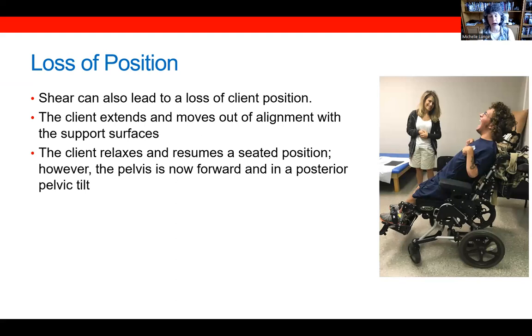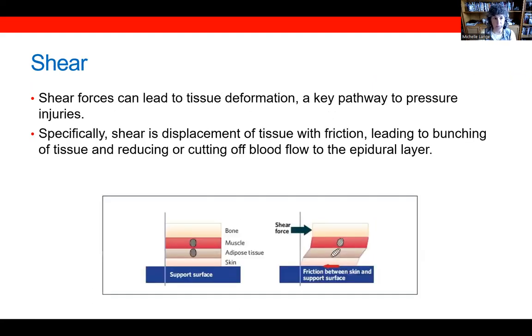And because of that, the client not only has extended within this static seating system, leading to shear forces as they move in relation to the support surfaces with their body, but when they relax and sit down, they've now lost their position.